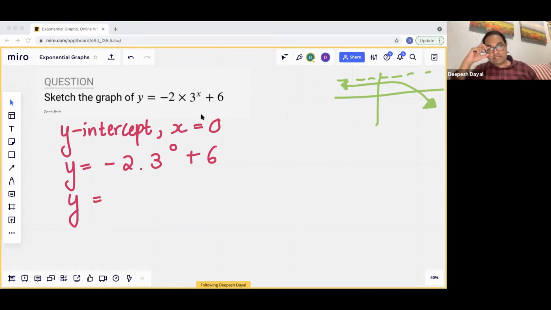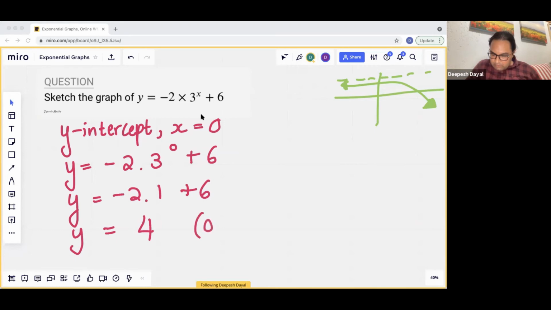So what will this answer be? Thanks for that, Ketelo. So it's minus 2 times 1 plus 6. So y equals 4. Great. So the coordinates of y will be 0 and 4, right?